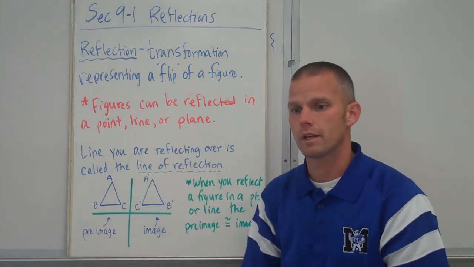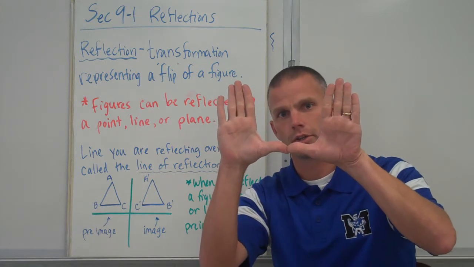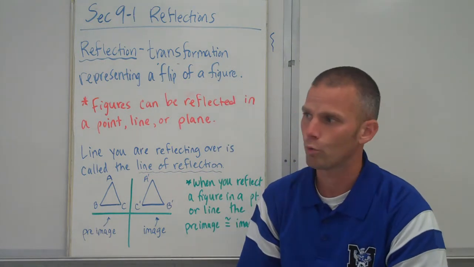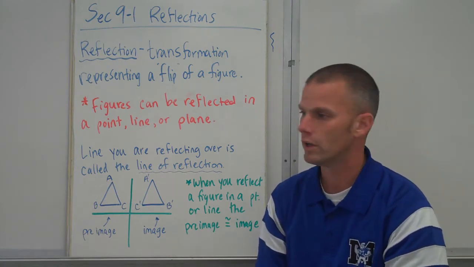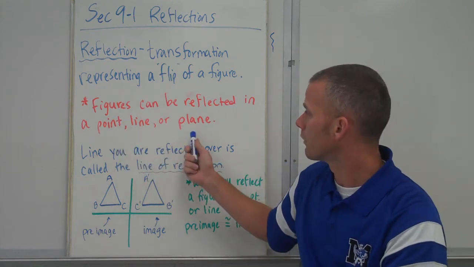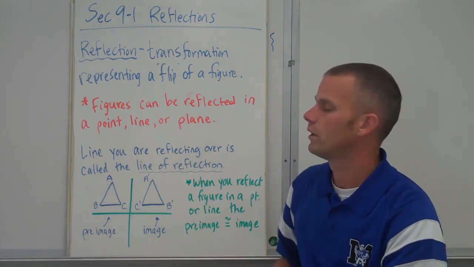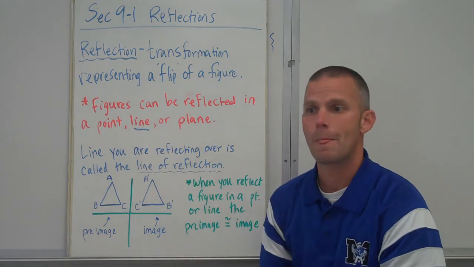It's like I'm taking one hand, I'm just sitting here and I just go whoop, and there's my reflection. So a reflection simply, we're going to flip one figure over a line, we can flip it over a point, we can flip it over a plane. For the most part though, our main focus will be on reflecting over a line.